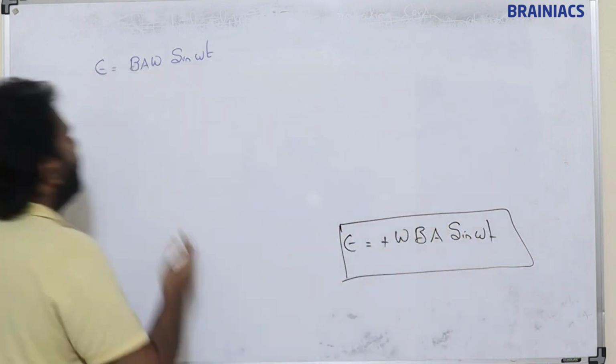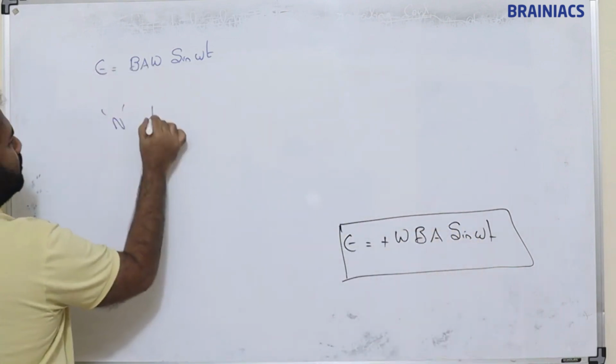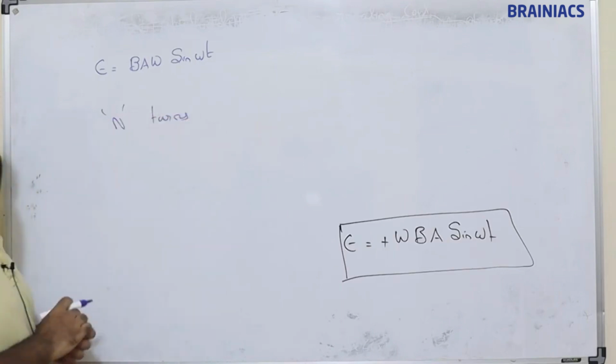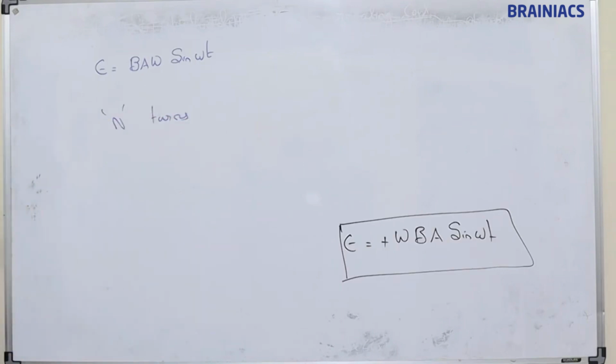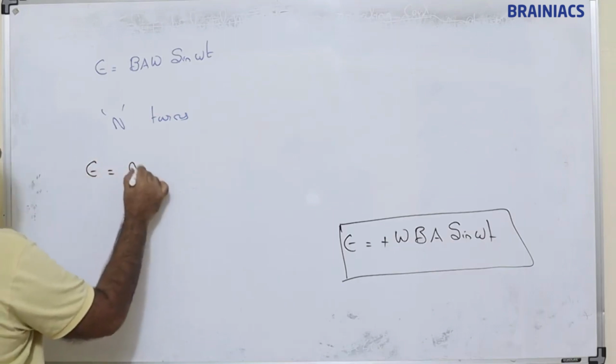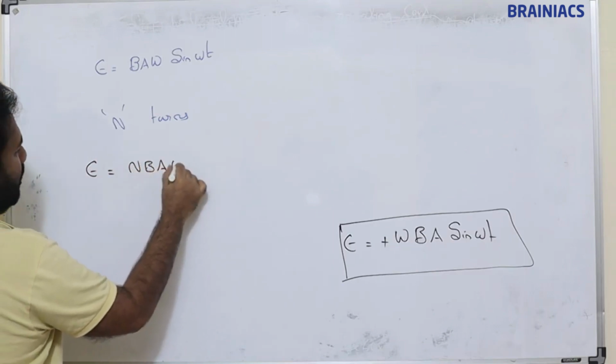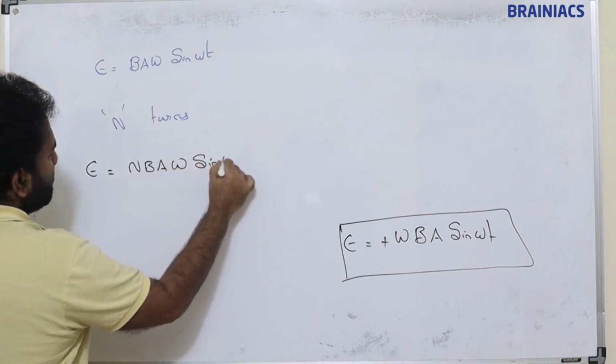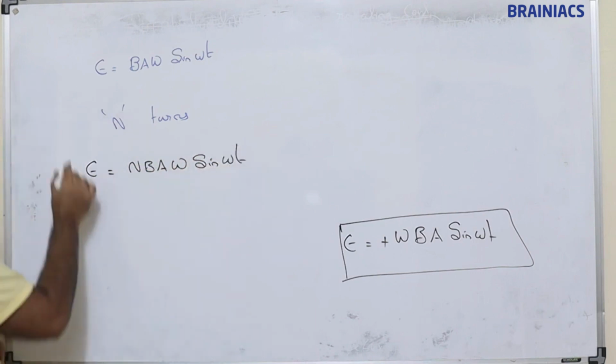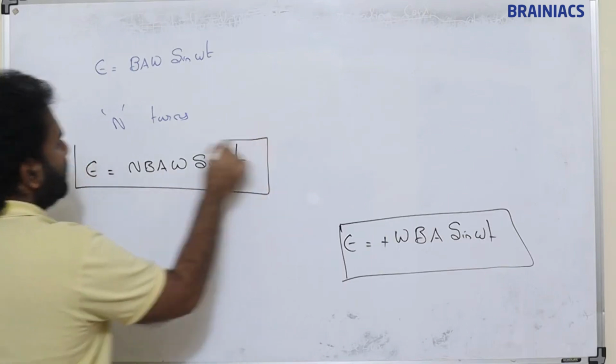So we will go for N turns. If we have N turns, then E is going to be NBA omega sin omega t. So this is the formula for induced EMF.